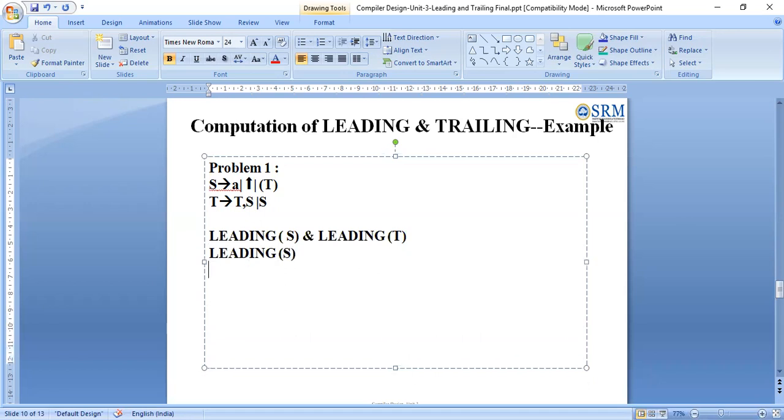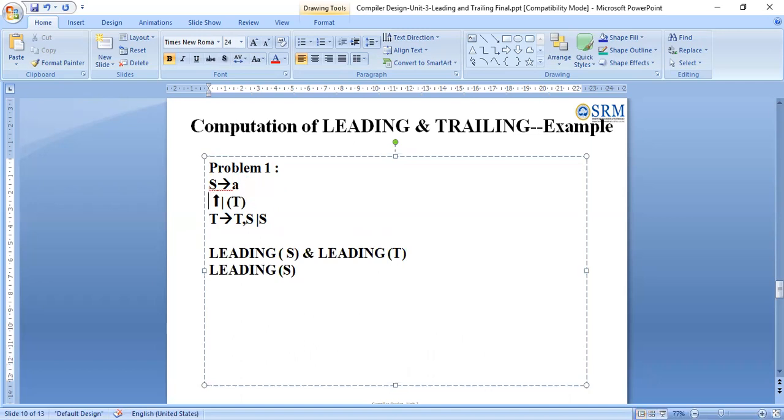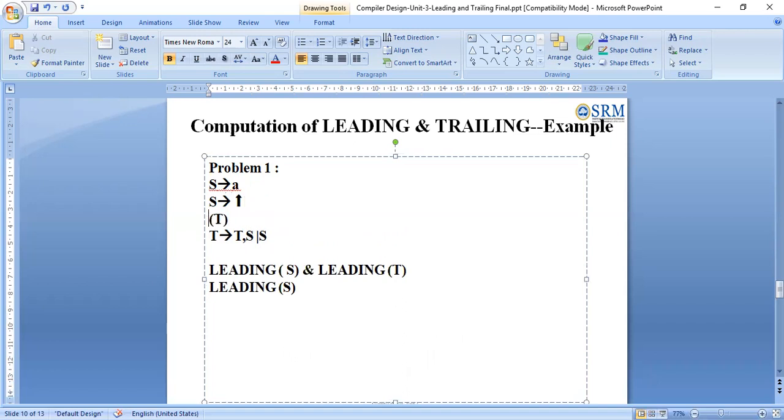So apply rule 1. For your convenience, you can split this, so that it will be easy for you.